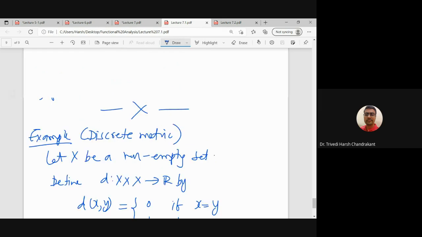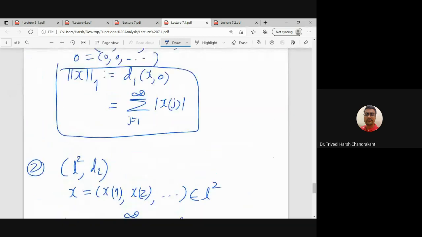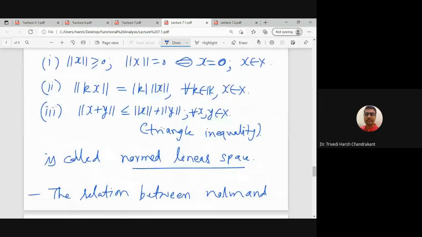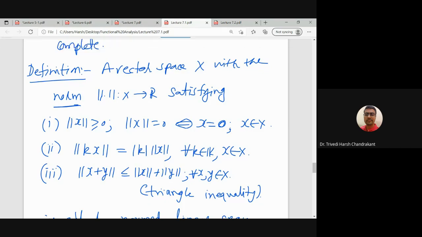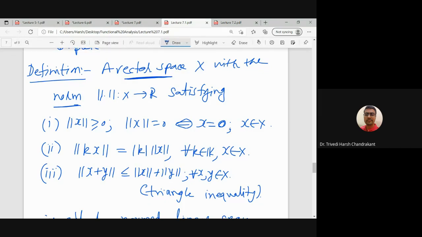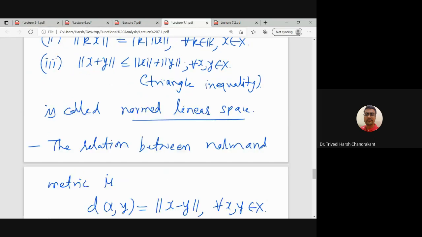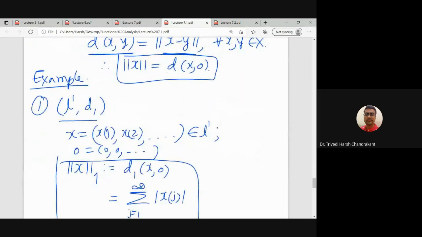So which property fails? If you recall, we are taking here a vector space, right? Because we need x is a zero vector, and in every set there may not be a zero vector, right?